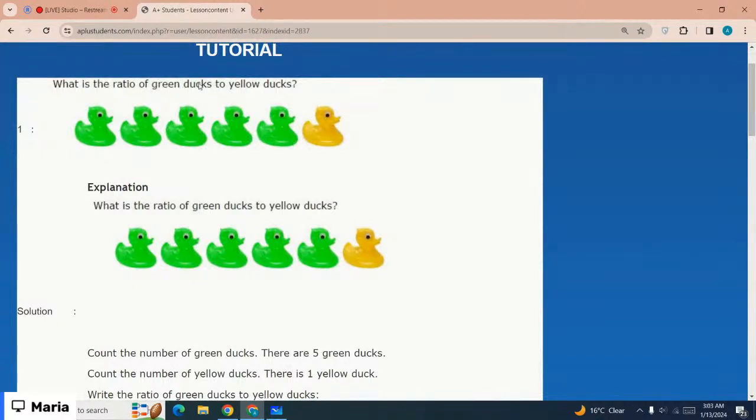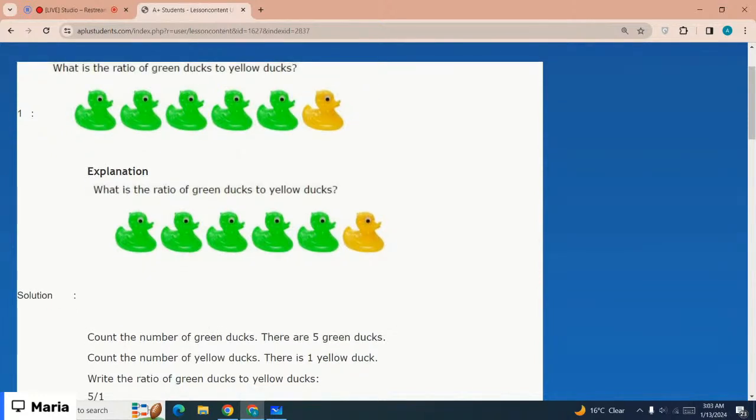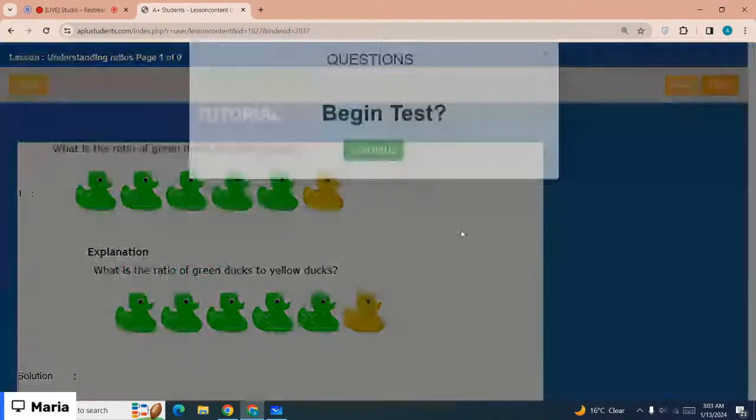So green ducks are 5 and yellow duck is only 1. So you can write it in the ratio form 5 to 1, right? That means there are 5 green ducks and 1 yellow duck. Got it? Okay, let's just start with the practice questions, test questions.